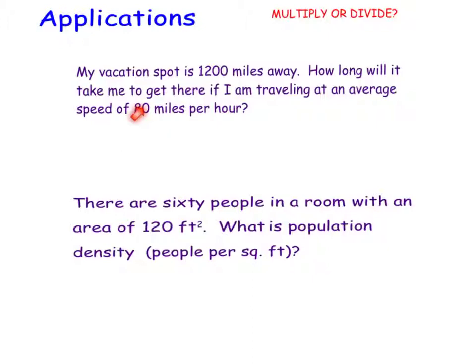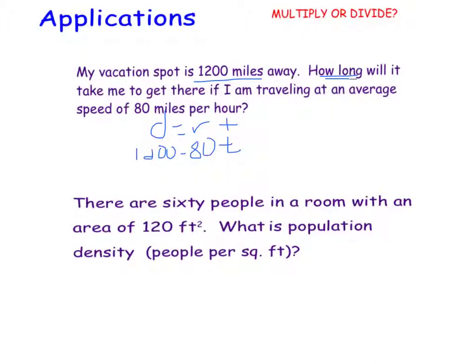So the first problem, my vacation spot is 1,200 miles away. How long will it take me to get there if I'm traveling at an average speed of 80 miles per hour? Well, we know what to do with distance equals rate times time problems. Distance equals rate times time. So I'm going to put my distance in for D, my rate in, and I'm going to solve for time.